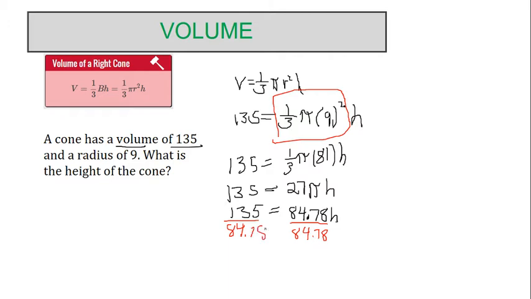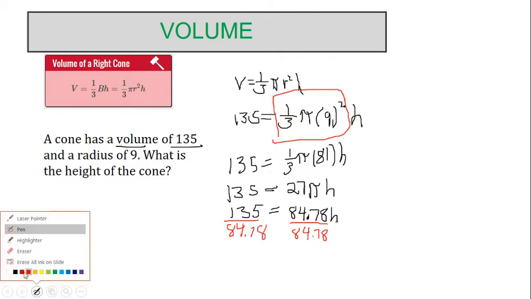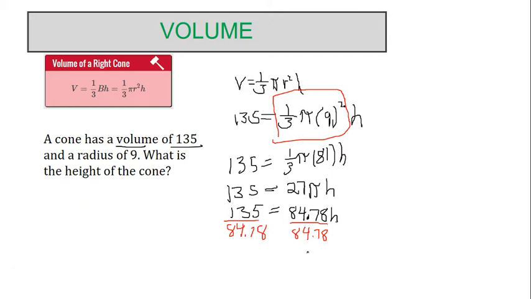I'm going to get an approximation for that height. And so in this case, the height is about equal to 135 divided by 84.78, and I get that the height is about equal to 1.59.